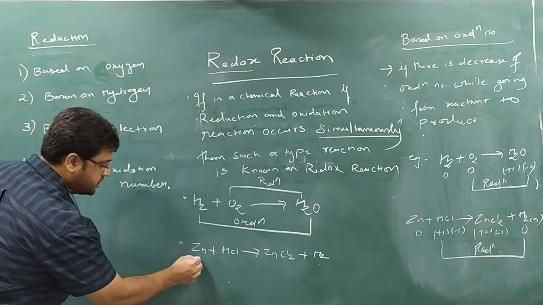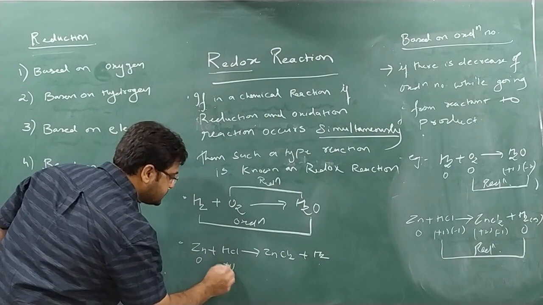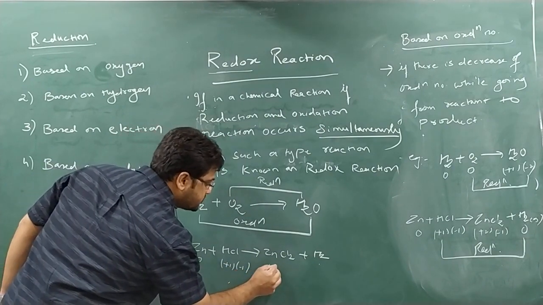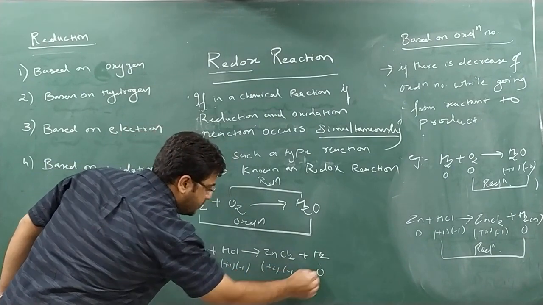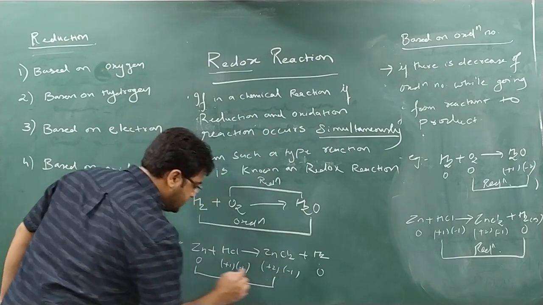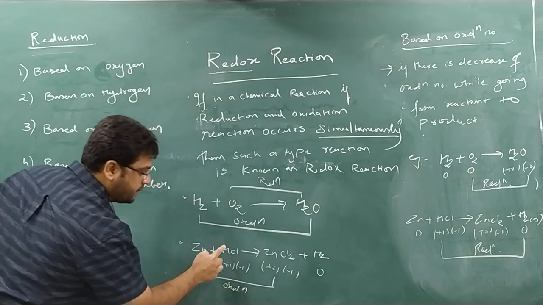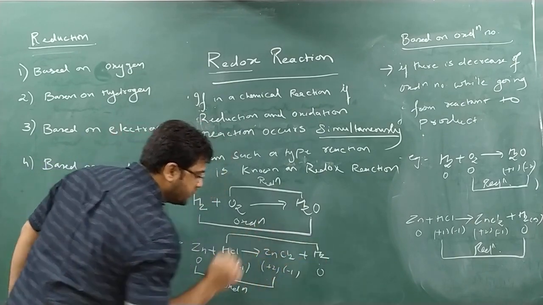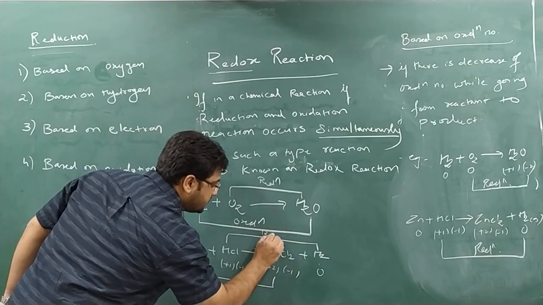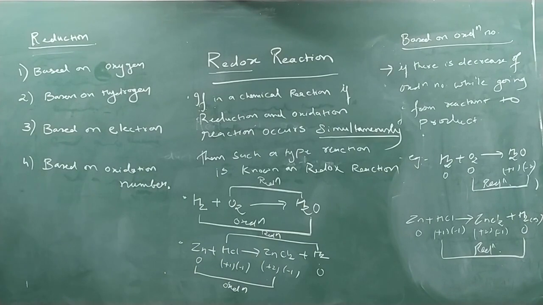Based on oxidation number: 0, plus 1, minus 1, plus 2, minus 1, 0. You can see 0 to plus 2 is an increase of oxidation number, so this is oxidation, and plus 1 to 0 is a decrease of oxidation number, so reduction. So this is an example of a redox reaction, and many more examples will come in further classes.